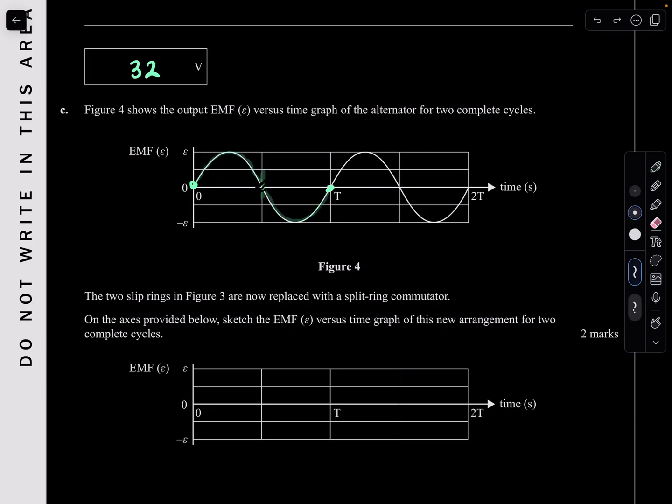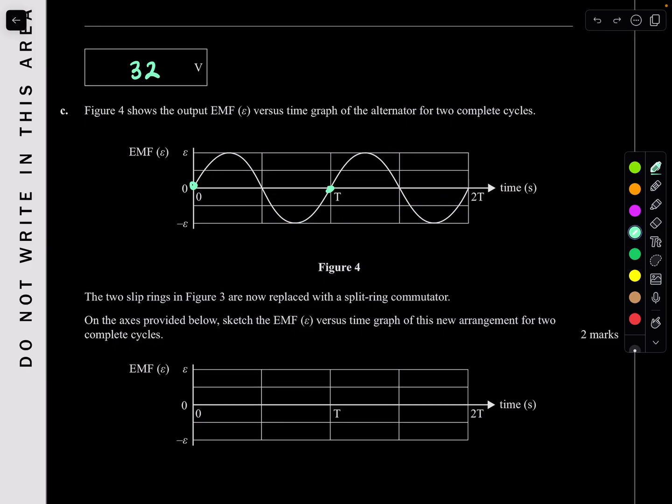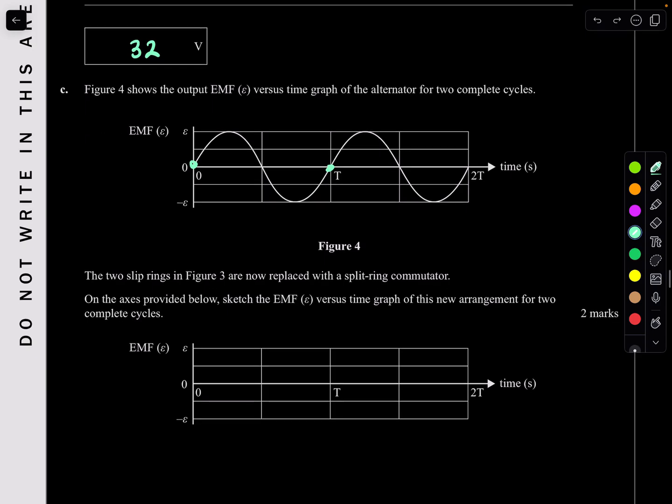So what's going to happen is, this is the easiest way to do it, whatever you see in these parts over here, just reflect them to the top. So it will look like that, pretty much. And of course, forget about these ones at the bottom. On the axis provided, sketch the EMF versus time graph of the new arrangement for the 2 complete cycles. Easy.